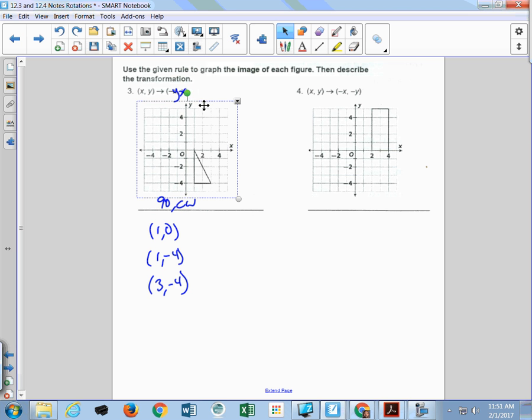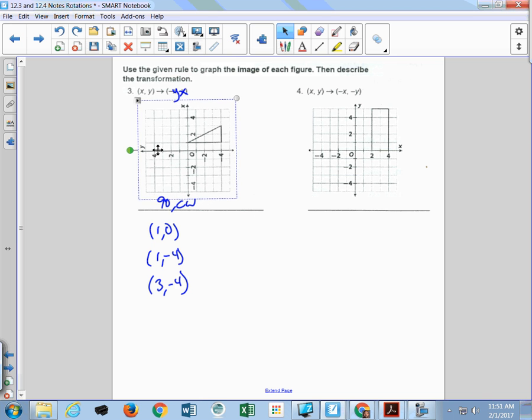So I need to turn my paper 90 degrees counterclockwise. All right, and then I'm going to put my points 1, 0, 1, negative 4, and 3, negative 4.